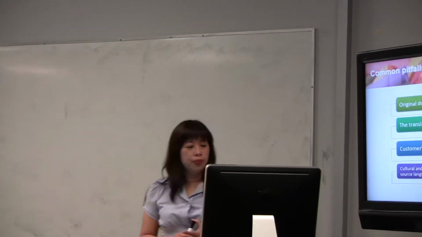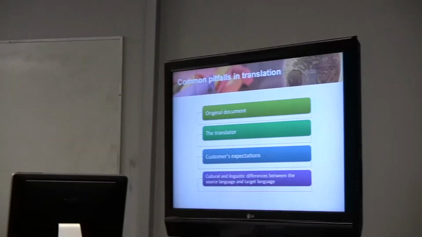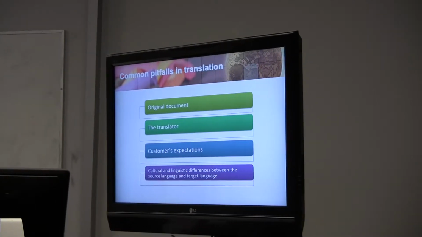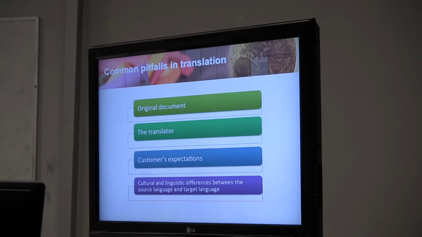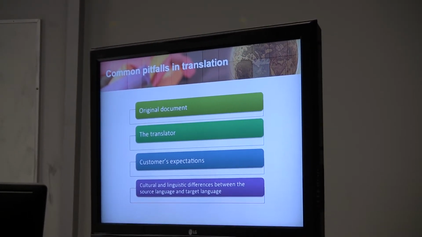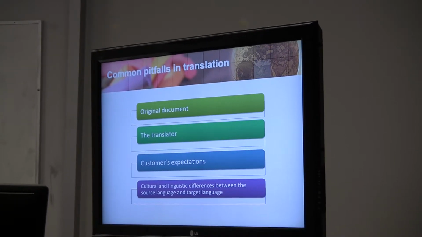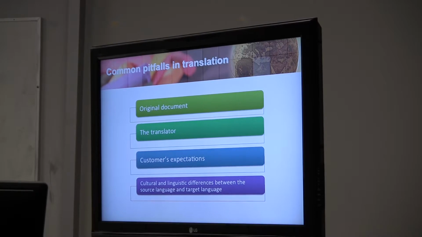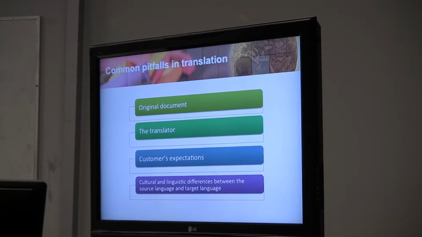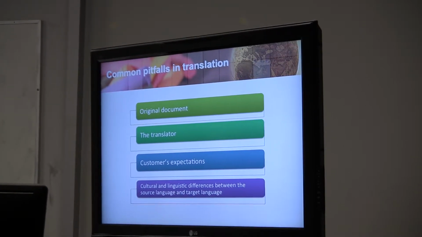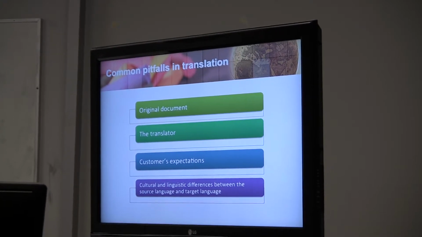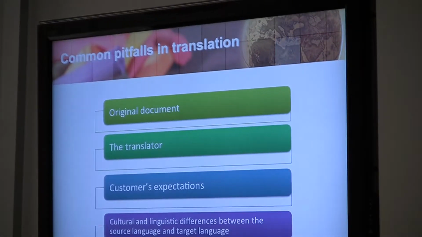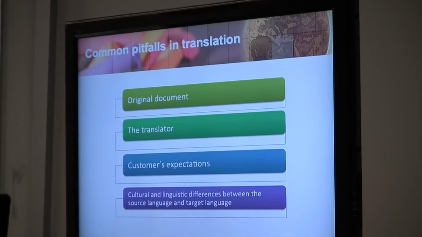And then in the following sections, we're going to talk about some common pitfalls in translation, because we don't realize there's a pitfall unless we point it out to you later on. So where are the pitfalls? First of all, they appear in the original document. Sometimes the author does not expect it to be translated, right?